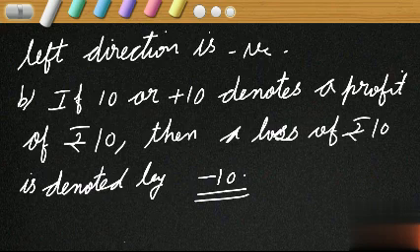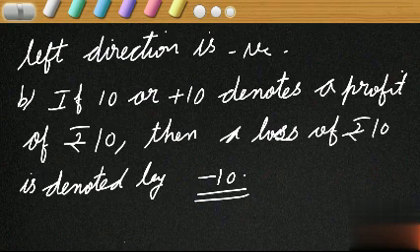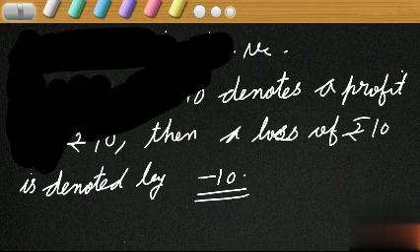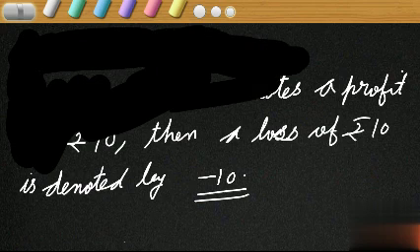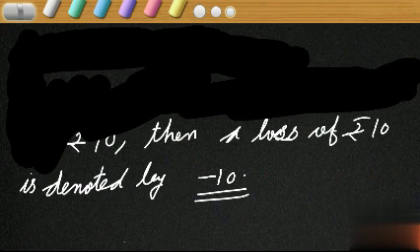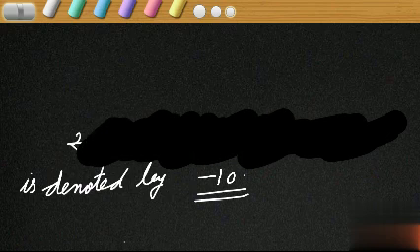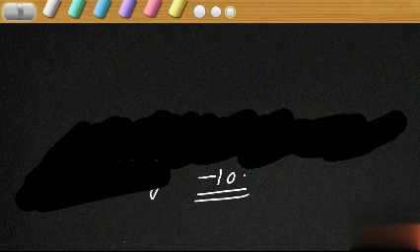Now let's think about the comparison of integers. In the next session, we are going to deal with the comparison of integers: how to compare two integers. Of course, in the case of positive integers, we know the number on the right side is greater, or if two numbers are there, the number which comes second will be the greater one.